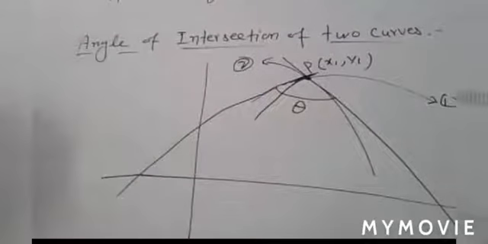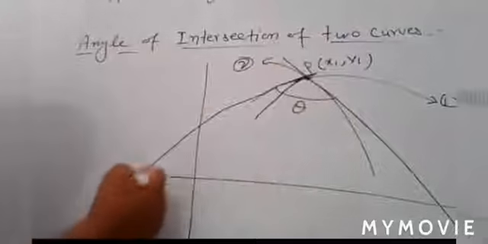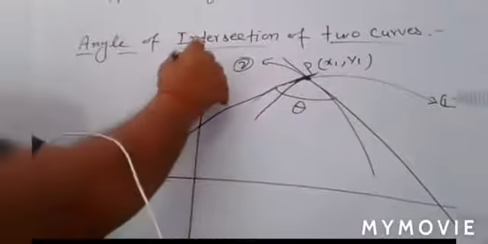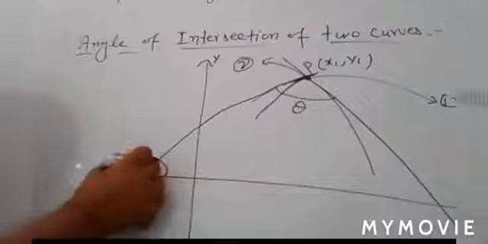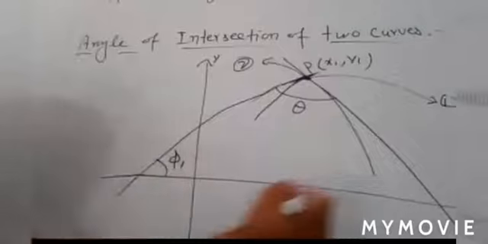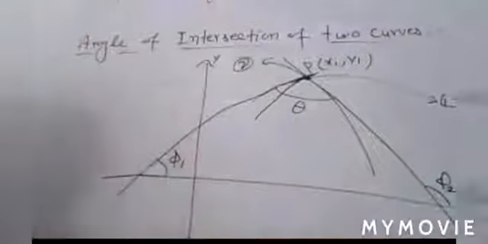Suppose the angle between them is theta, and here you have the y-axis. Suppose this angle is phi 1, and here in the positive direction, phi 2.